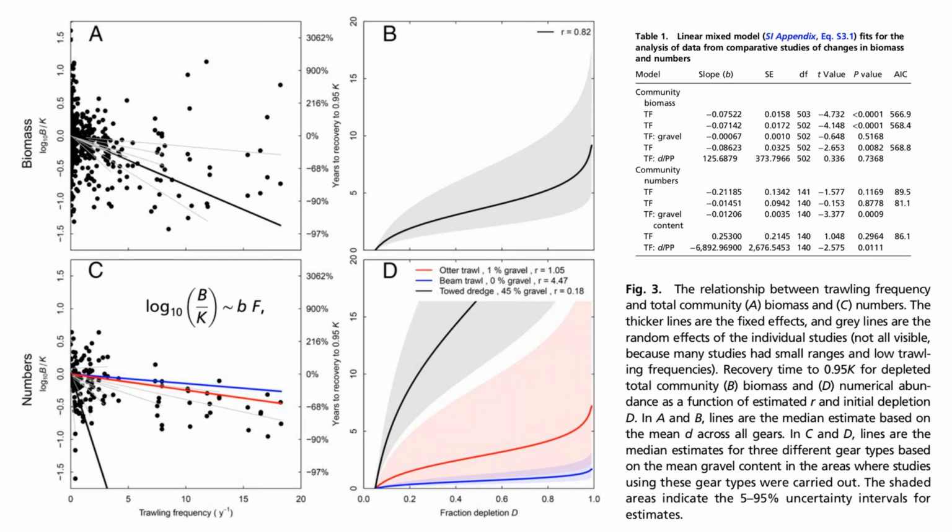The response variable is log B over K, where K is carrying capacity, B is either biomass or numbers, capital F is the fishing frequency, and b is the slope. By looking at the figure and equation, you can see they remove the intercept. Obviously, they force the relationship to go to zero, which sometimes can be problematic statistically.